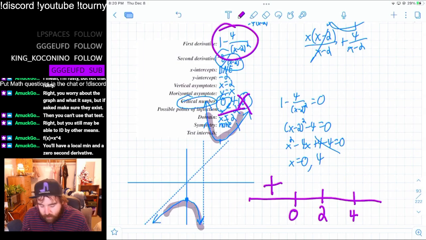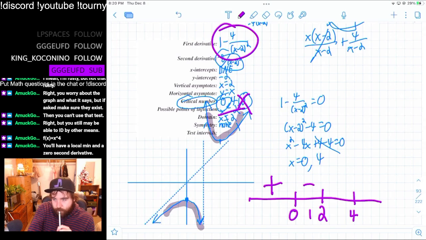So in this section, it needs to be increasing. That works with what we said. And then what if we plug in a positive 1? We get 4 over 1, which is just 4, and then 1 minus 4 is decreasing. So that goes from increasing to decreasing. Awesome.